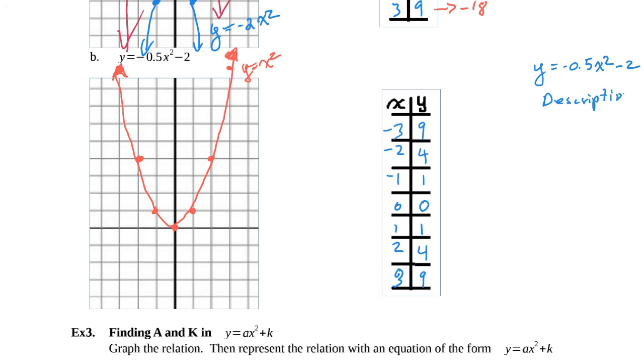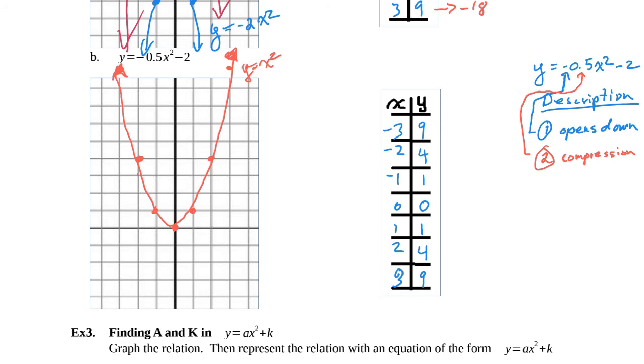You can say that because it has a negative sign in front, the negative sign in front tells us it opens down. Number 2, you can tell me if it's a stretch or compression by looking at this part here. You're going to say there is a compression, or it's squashed flat, right?